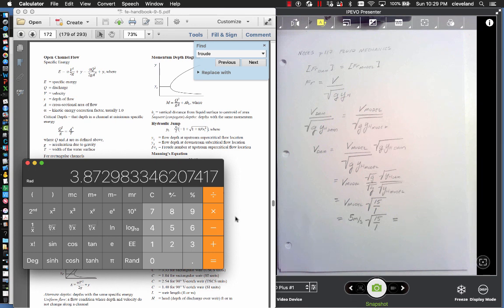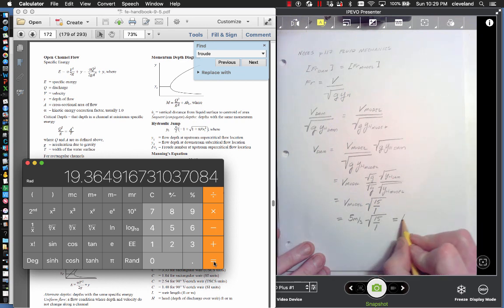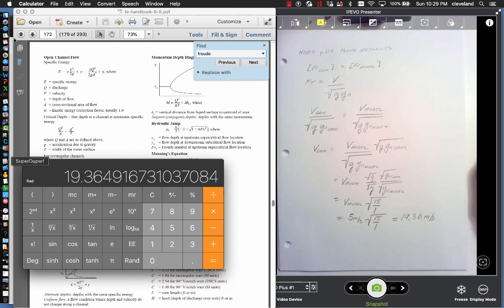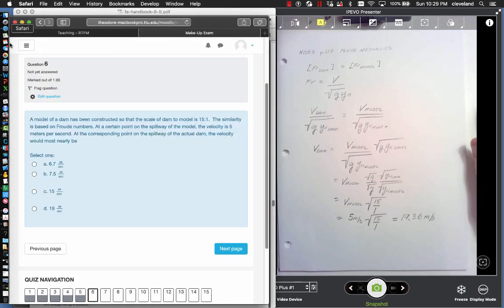Take its square root, multiply that by 5, hit the equal sign, 19.36 meters per second. So we turn to our choices, and the closest answer is D.